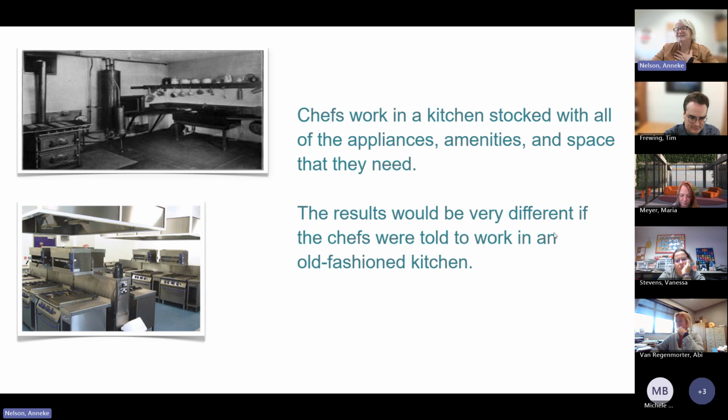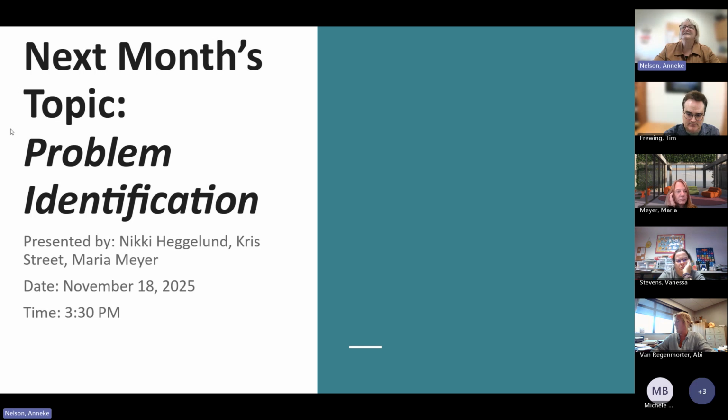But we want to make sure as teachers that we're working in environments with a well-stocked plethora of things that we can use to help make our dishes, or our students, successful.